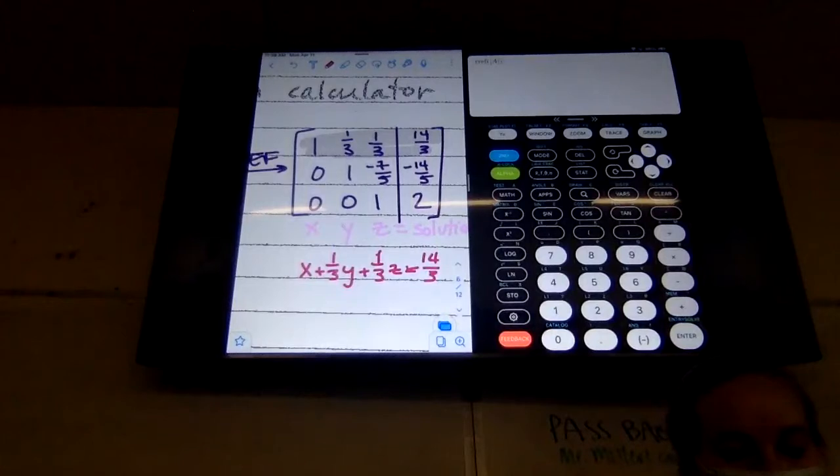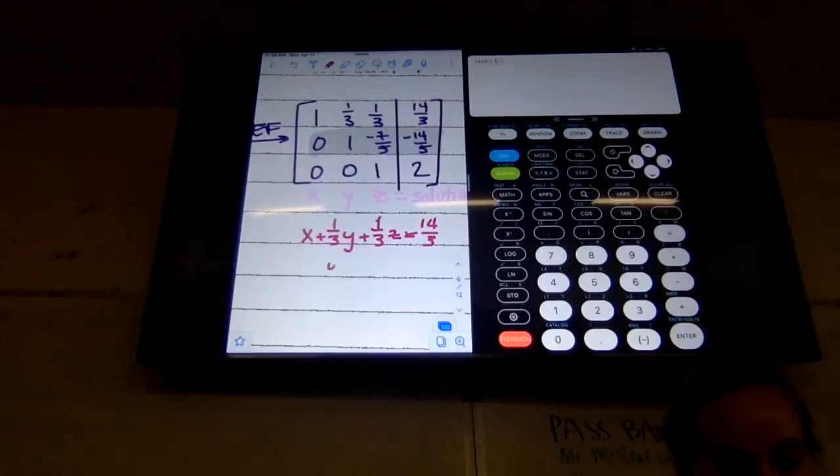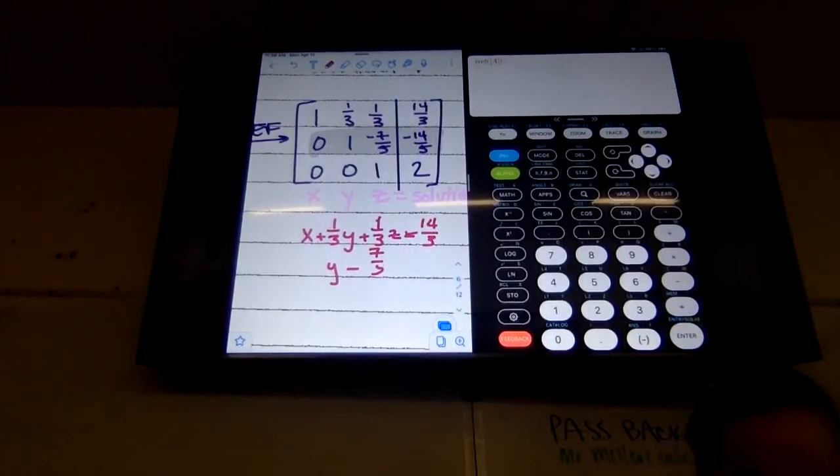Now let's look at the second row. The second row would be 0 x's. Do I need to write 0x down? No. So then I've got 1y plus -7/5 z equals -14/5.